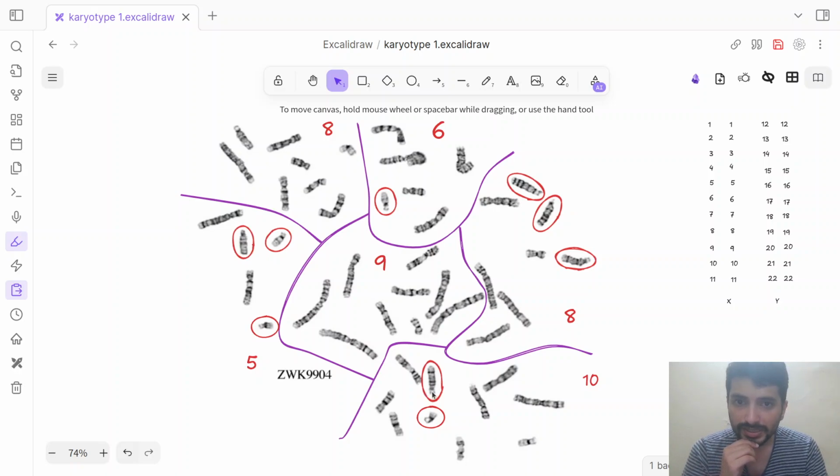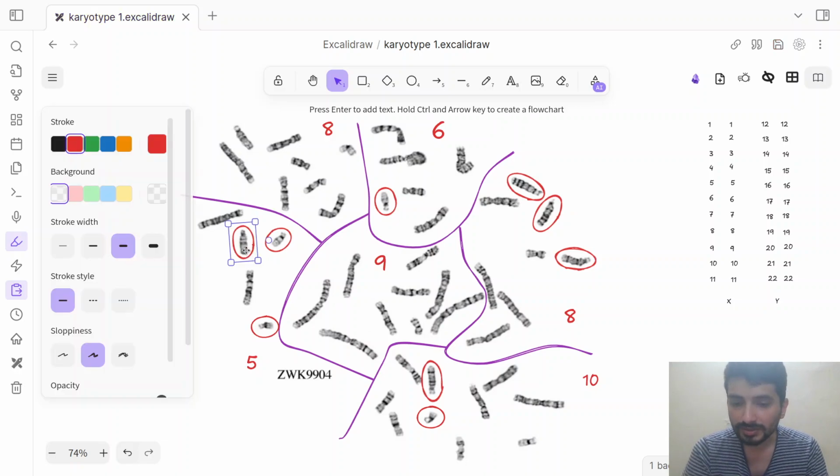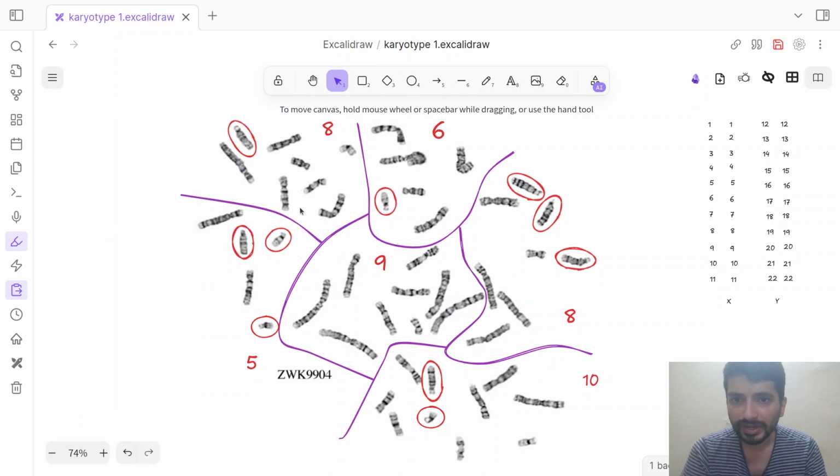Where else can we find acrocentric chromosomes? Yeah, there's one over here. So I can just take this one and put it over here, change its rotation a little bit. So did we identify 10 of these? 3, 4, 5, 6, 7, 8, and 9, and 10.